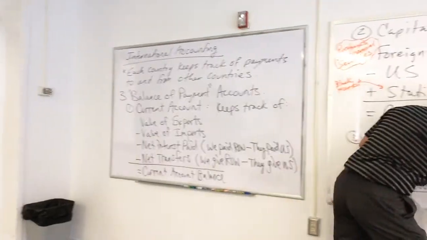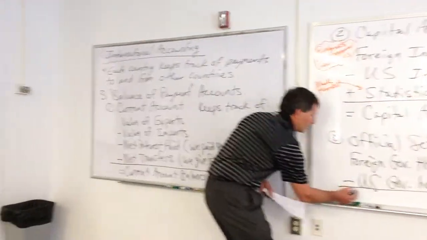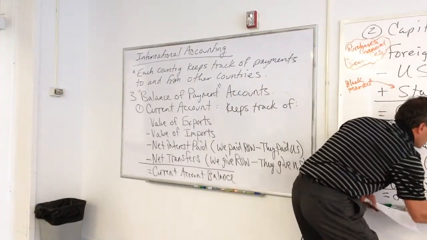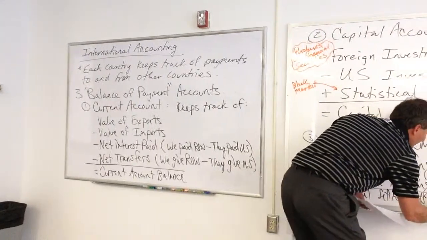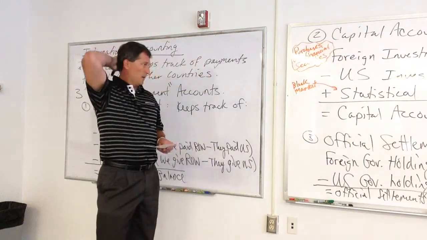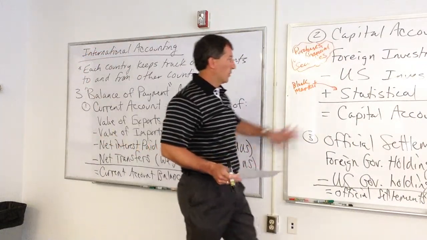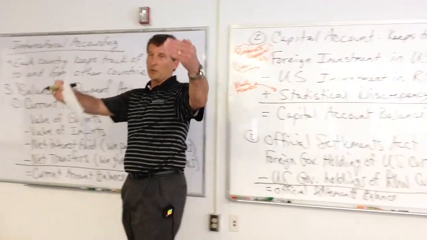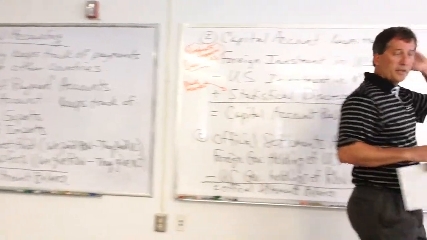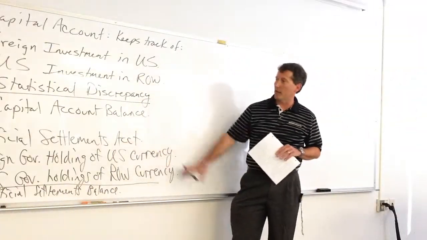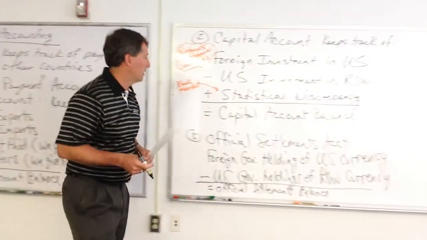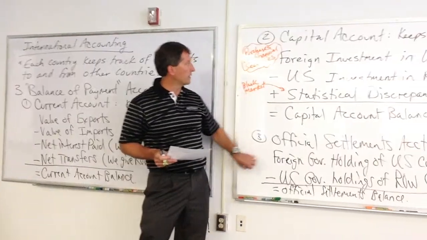And I'm kind of squeezing down at the bottom, but this is the official settlements balance. So around the world, different governments are holding within their vaults, kind of similar to the way the Federal Reserve holds different types of currencies in its accounts as part of its assets and liabilities. And so that's the other player here.